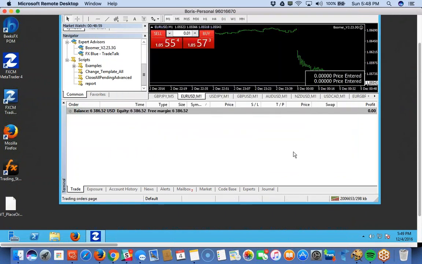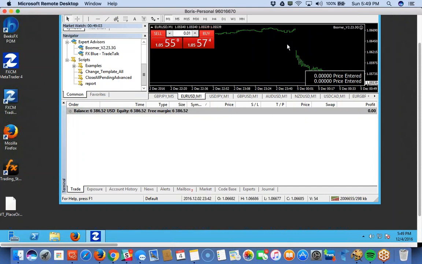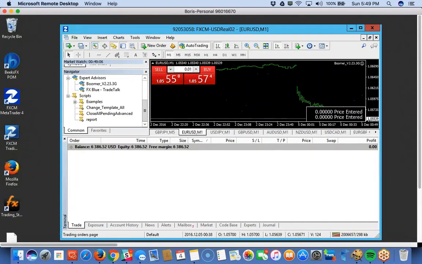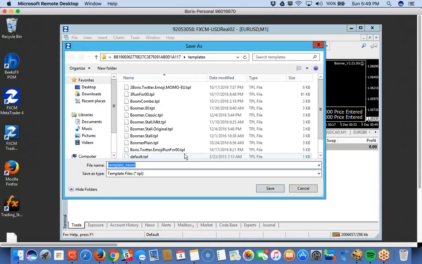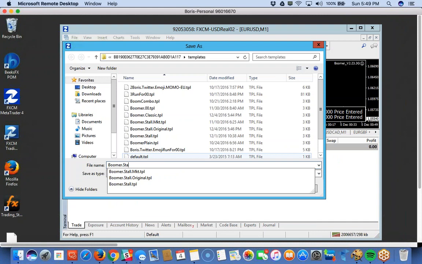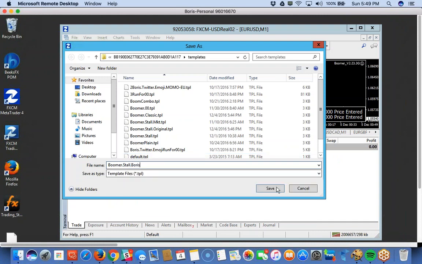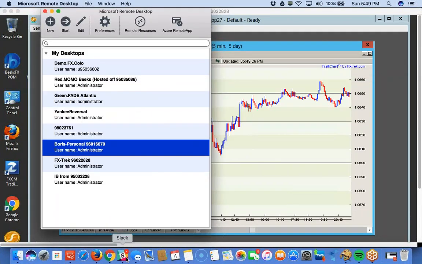I can save this, and we can save this as Boomer Stall Boris. I'll save that. And I'll upload all of those things, of course, into the Dropbox, and I'll give you the list.